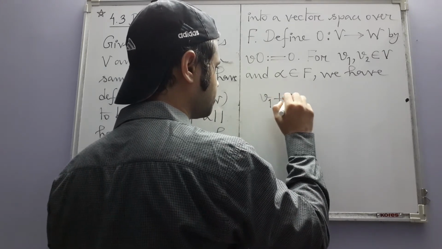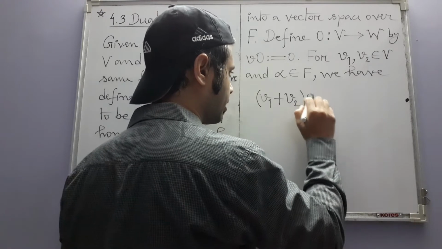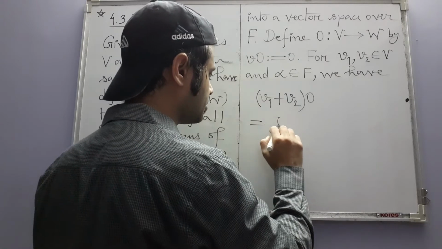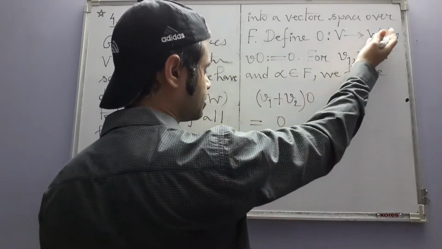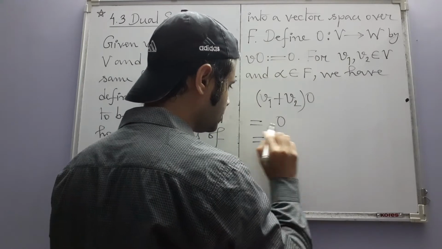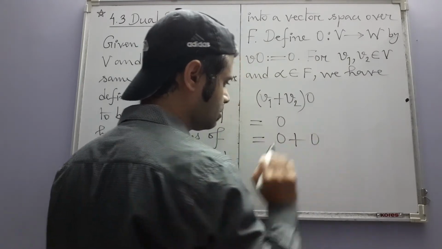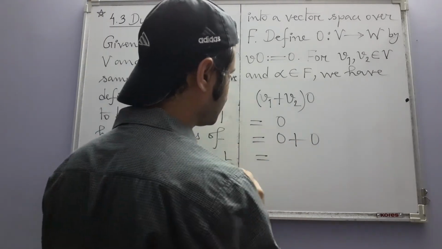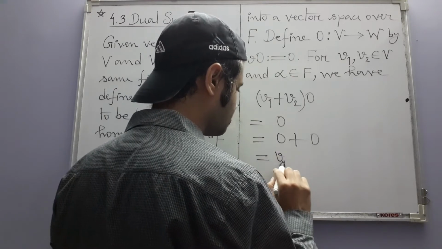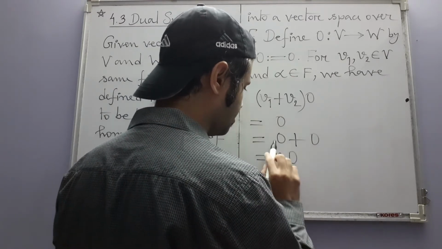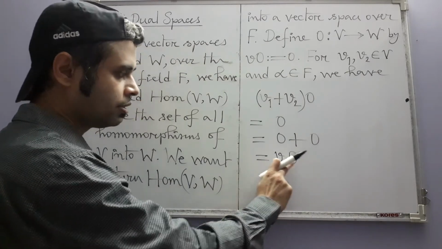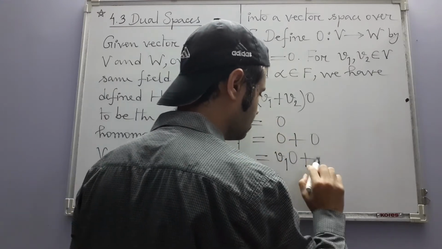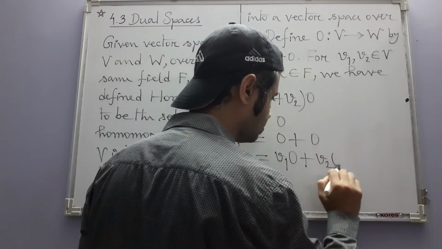So we take the sum of these two vectors and apply the zero function on that. By the definition of the zero function, this is nothing but 0, and this 0 is of course the zero vector in W, which can be written as 0 plus 0. And these zeros then can be conveniently written like this. In place of 0 we can write: 0 is the zero image of V1, where this is our zero function. Similarly, this 0 is the zero image of V2.